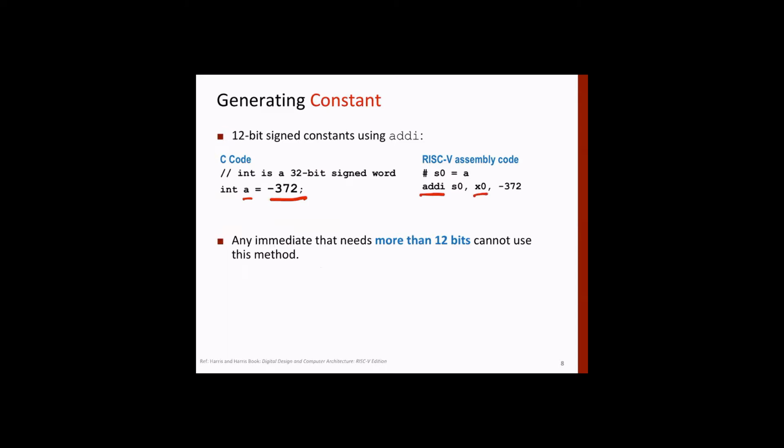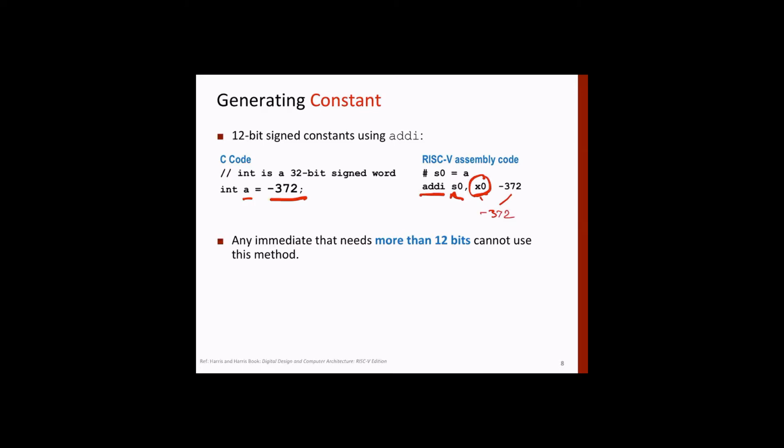The contents of x0 are added with this immediate field value, which is minus 372, and the result goes to register s0, because s0 represents A. x0 is always 0, we know that. So 0 plus minus 372 is minus 372, and it will go to register A.